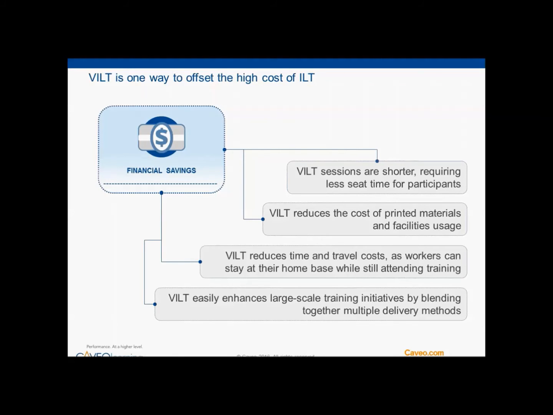Very often materials are presented in a virtual way, so you have a huge savings there. Rental facilities. There are many organizations that spend a good amount of money on a rental facility for ILT sessions. So you can lower that cost, reduce it even, by doing VILT. And then I did mention the travel time for participants and those travel costs, because the travel is not needed.